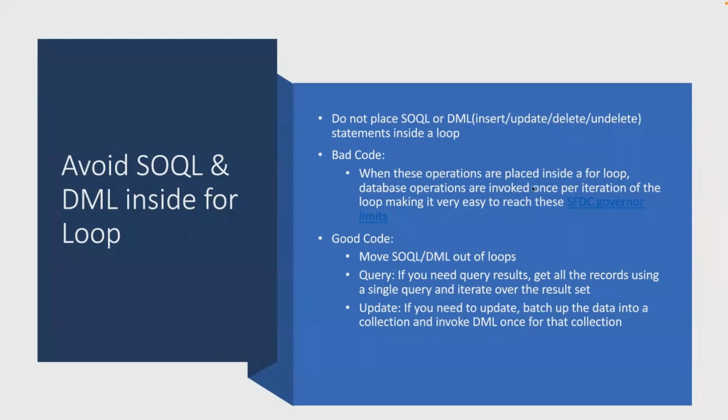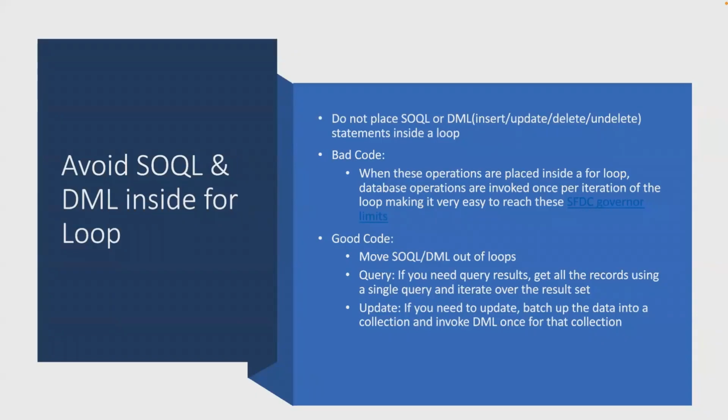Bad practice, iterating over a loop, makes it easy to reach these governor limits. The good approach to writing code is moving the SOQL and DML operations outside of the loop.